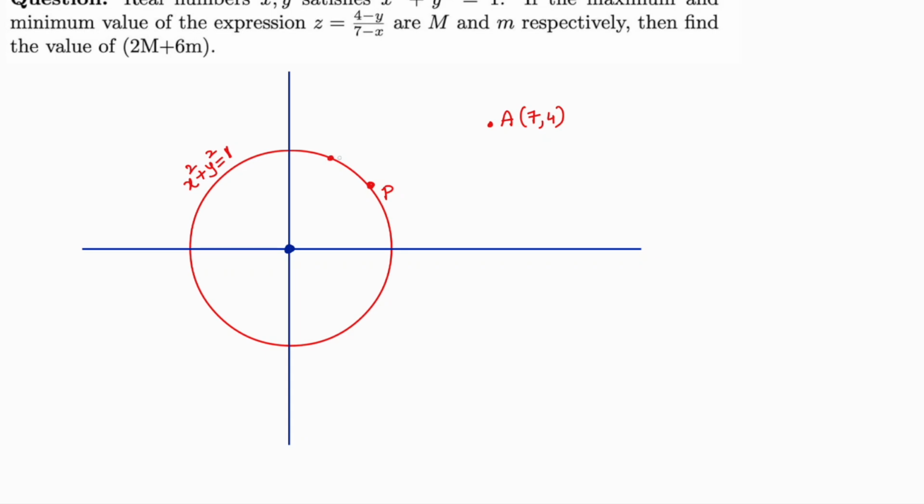So P is moving. P can be here or here or here, right? So in each case, what would be the slope of AP? If P is here, the AP line would be like this. This would be the AP line. If P is here, then the AP line would be like this.